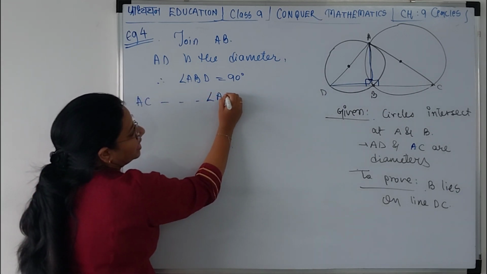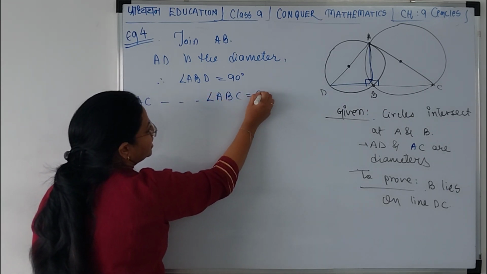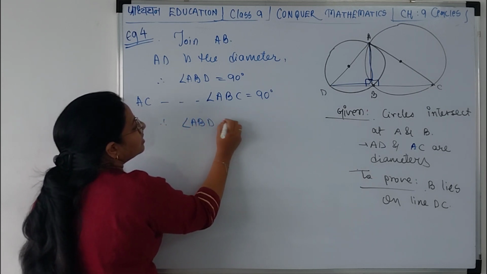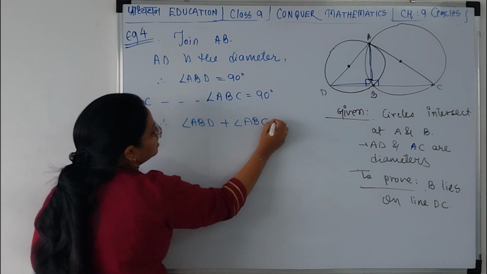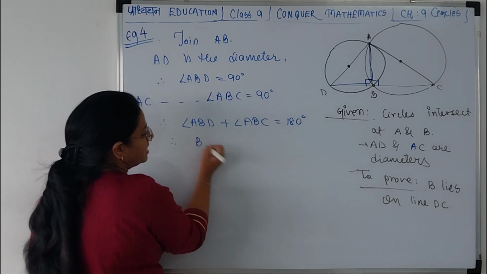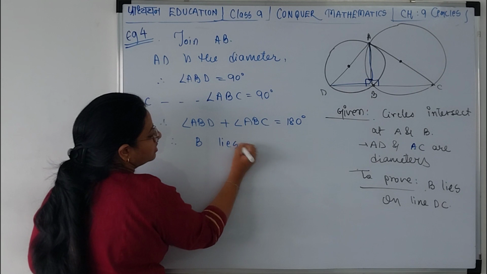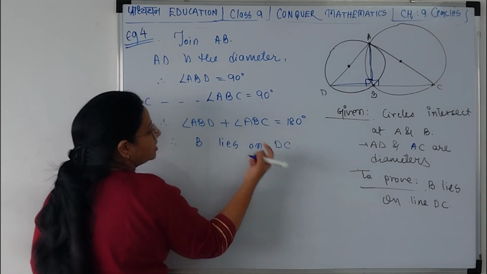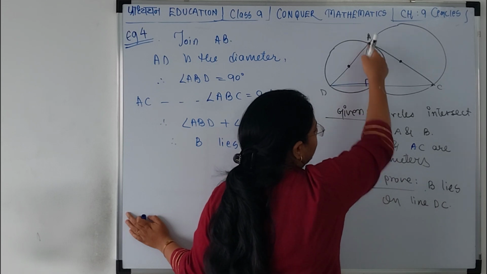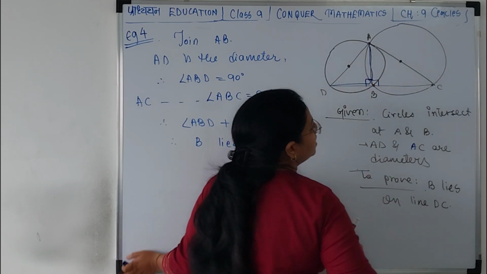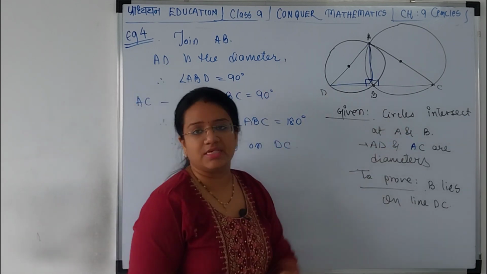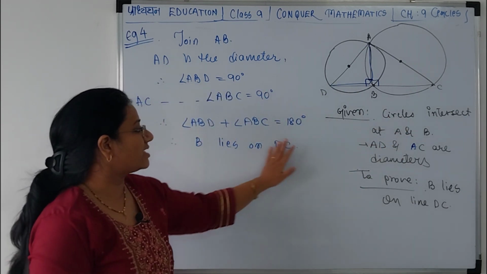Therefore, angle ABC is also 90. Therefore, I can say angle ABD plus angle ABC is equal to 180. Therefore, I can say B lies on DC because ABD and ABC are forming linear angles with the line DC. Therefore, B lies on line segment DC.